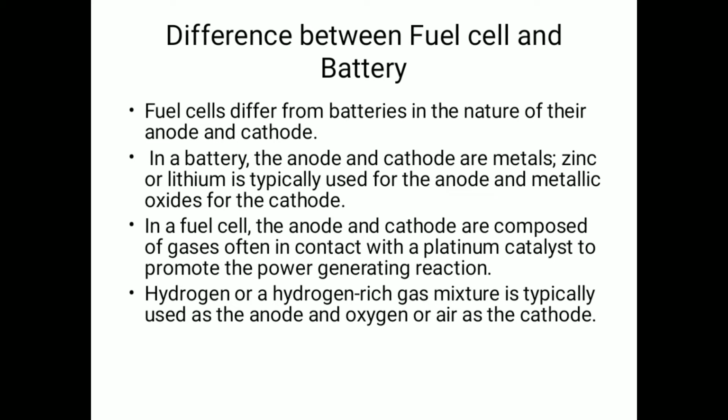So in a fuel cell we use gases at the anode and cathode, and in a battery we use metal plates as anode and cathode. This is the main difference. In a fuel cell we use hydrogen or a hydrogen-rich gas mixture at the anode and oxygen or air at the cathode.